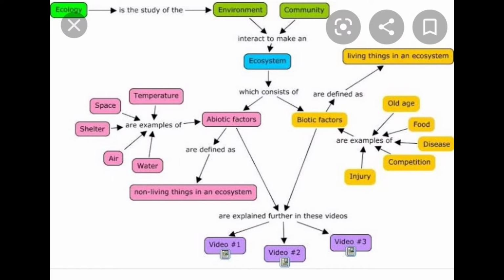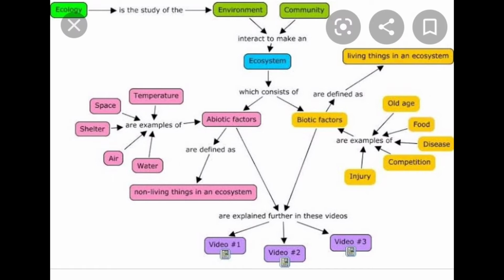In this picture, the pink colored boxes represent abiotic factors and yellow colored boxes represent biotic factors, and then these arrows show how these factors are interconnected, how the small factors inside each factor are interconnected.